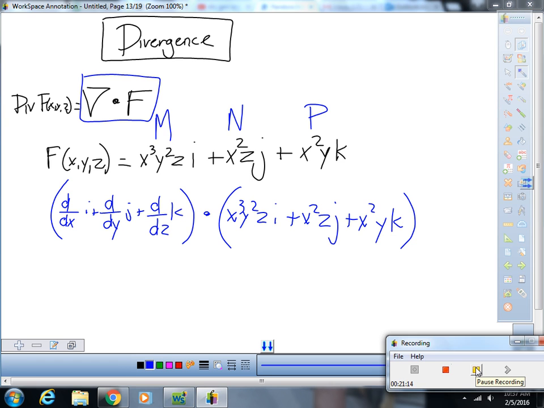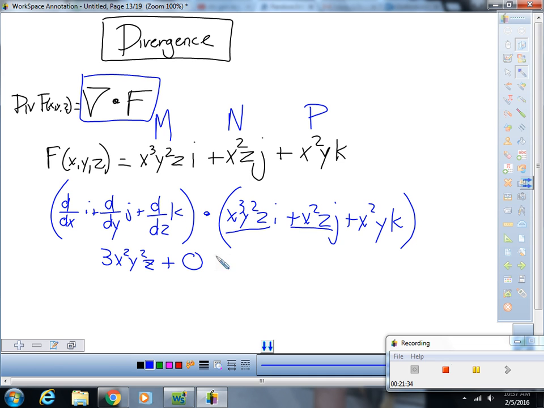What divergence is telling us. Okay, so remember this is a dot product, so we get a constant. So what's the derivative of this with respect to x? 3x squared y squared z, plus, what's the derivative of this with respect to y?